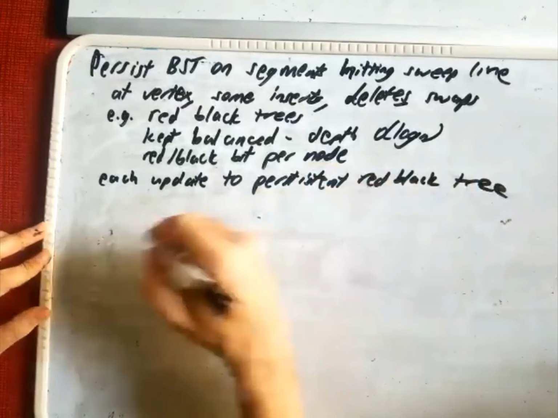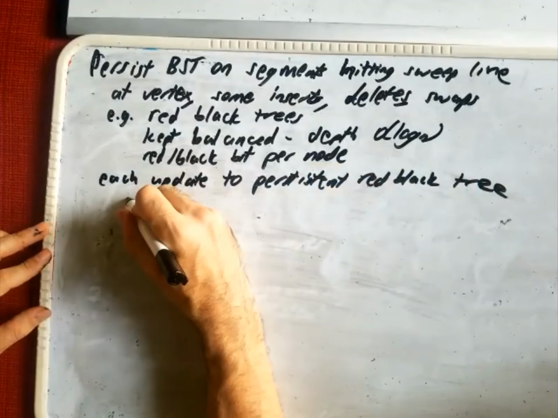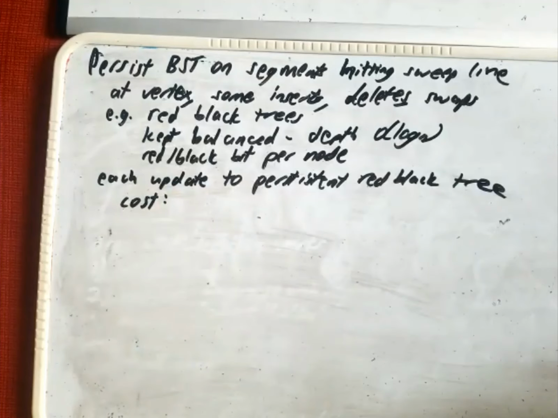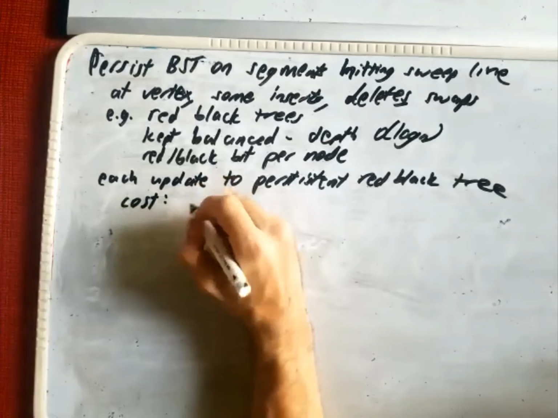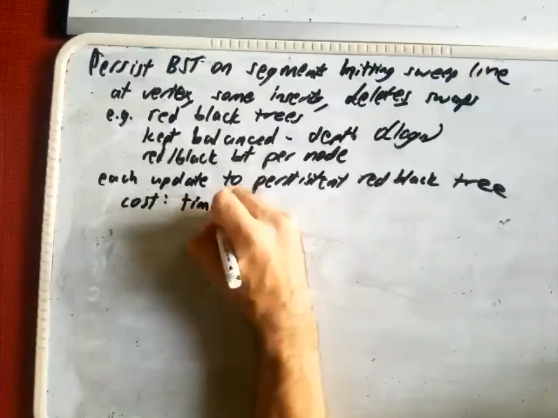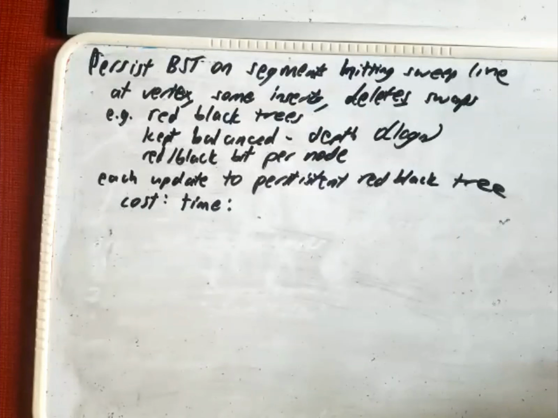And so what is the cost of each update? Well, we need to think about time and space, right? So how much time does it take me to do an insert or a delete or a swap in a persistent red-black tree?